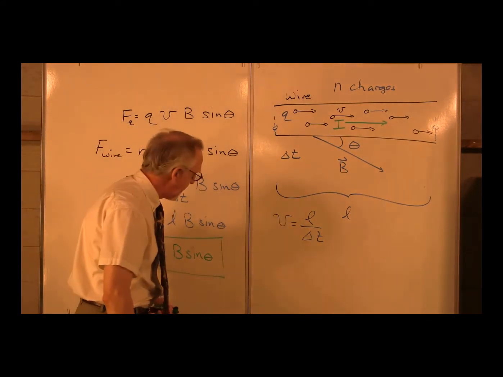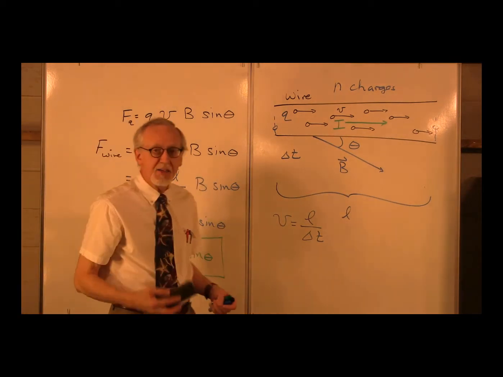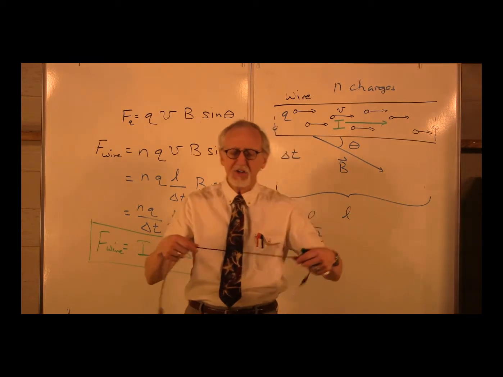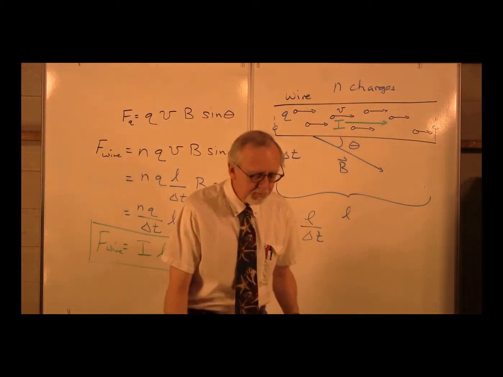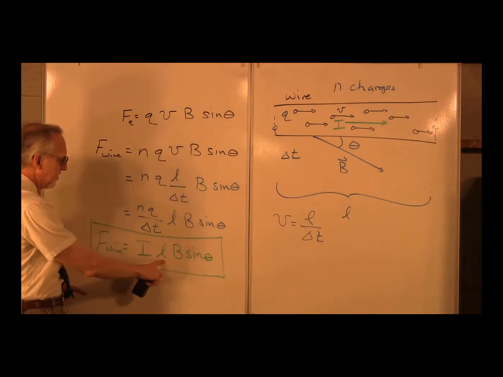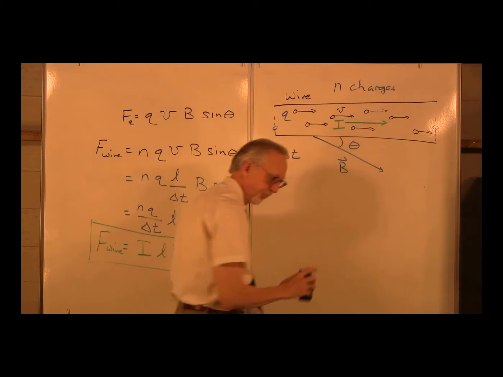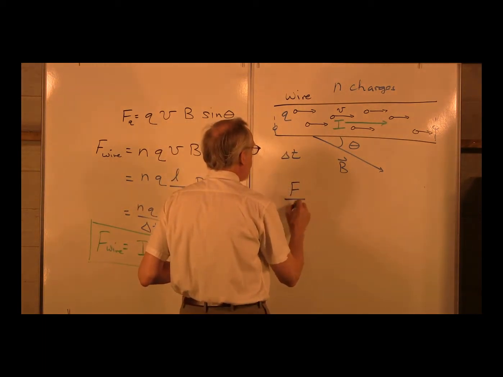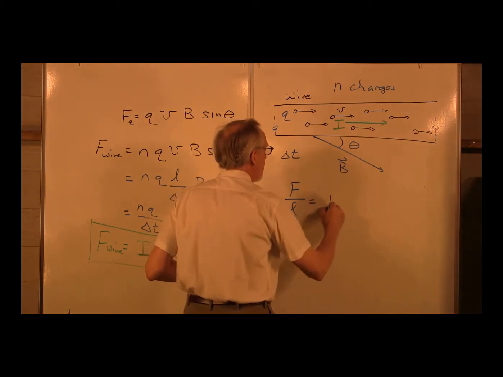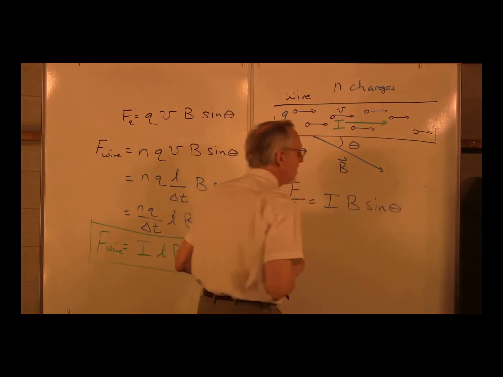Excellent. One more thing, a little modification here. If we don't know what the length of the wire is, or if we want to just talk about some part of the wire in general, sometimes we take this result and divide both sides by L to get rid of this part. We get F over L equals IB sine theta.